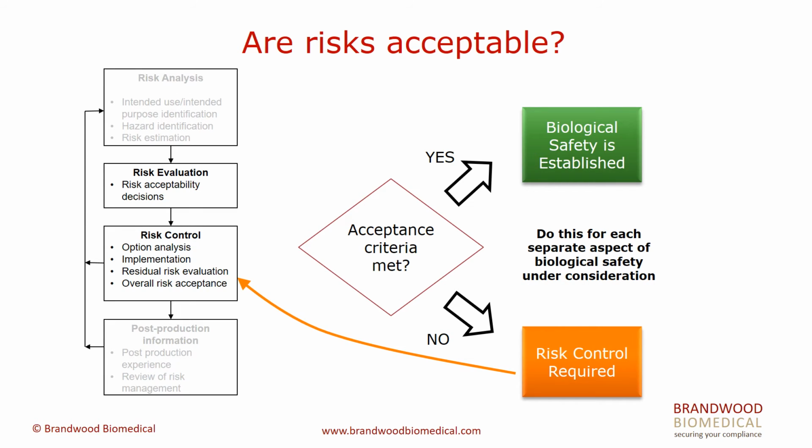If we have not, then we may need to do further risk controls. So if we find that excessive quantities of a leachable are coming out, a bit above the tolerable intake, or we have test data that show safety concerns, then we may need to introduce some risk controls. And we ask this question for each separate aspect of biological safety under consideration.